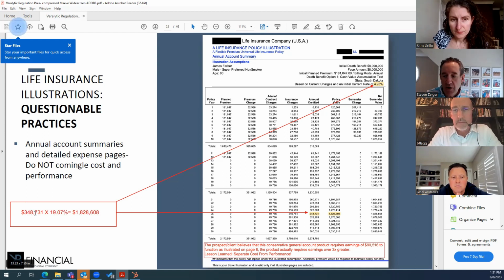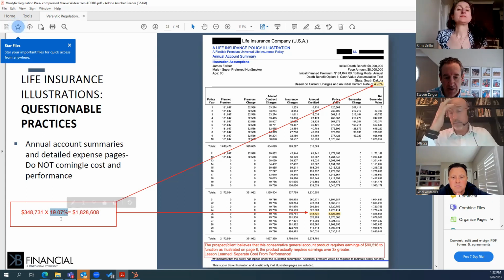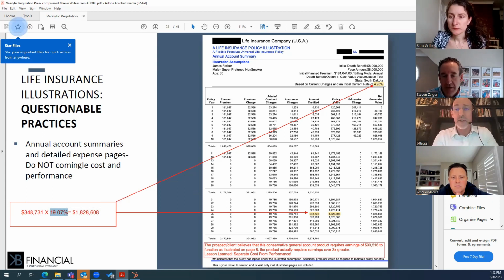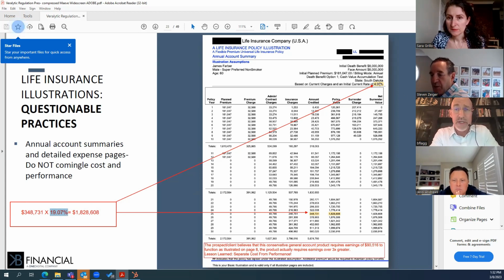If you have $1.828 million and you get a gain of $348,000, you're being credited with 19.07% on your policy. You're not being credited. You have to be credited with that 25 years from now. If you don't get it, the policy doesn't work. Even though it says 4.95%.